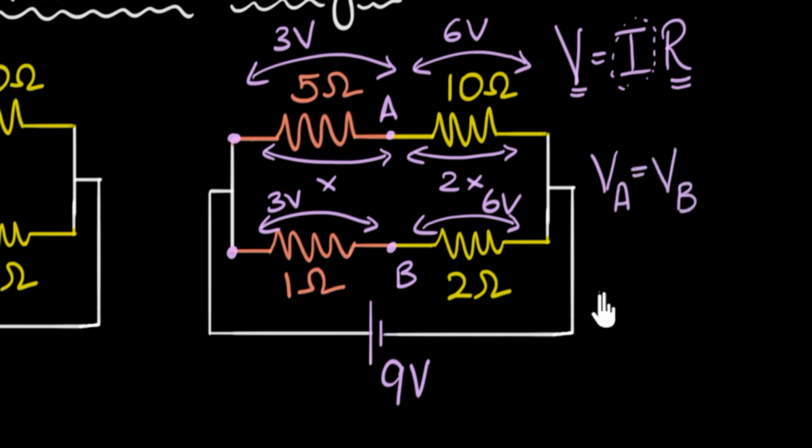Now notice when I go from here to here, there's a 3 volt drop. But when I go from here to here, there's again a 3 volt drop, meaning these 2 points must also have the same voltage. So voltage at point A must exactly equal voltage at point B. That's the consequence of having the same ratios of the resistance.